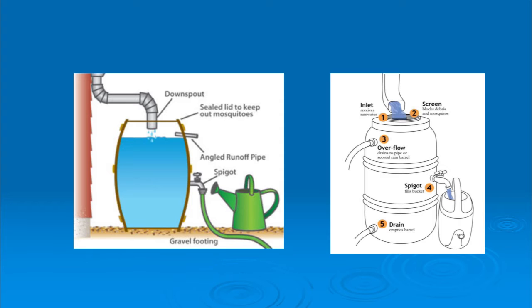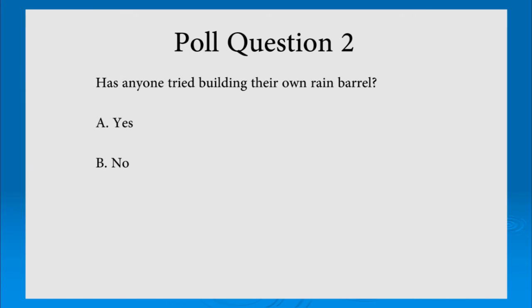Okay, thanks. Is now an okay time to do the poll? Yeah, sure, great. All right, so we got another poll here. Has anybody tried to build their own rain barrel? Excellent.